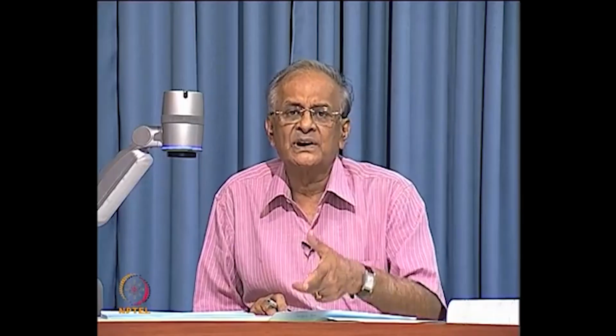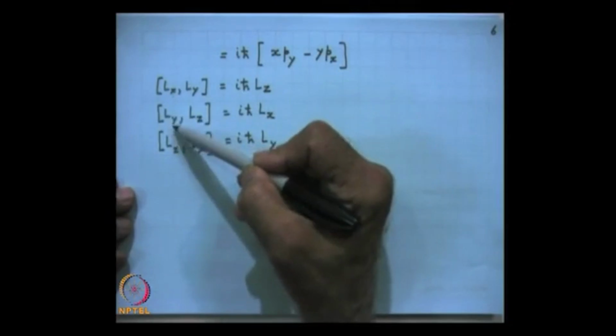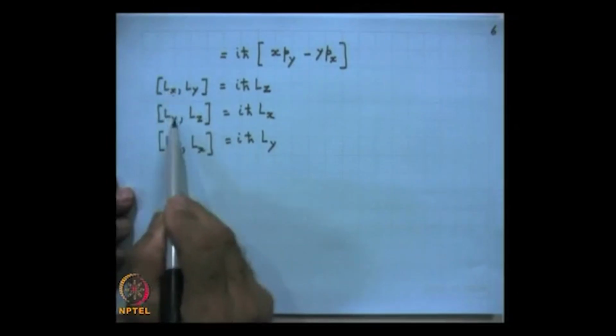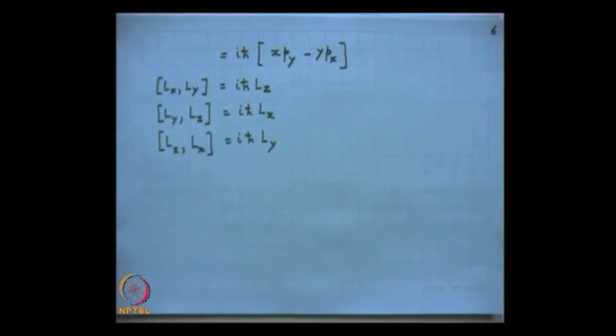We will not worry about how we got this commutation relation. We will start with this and build up the operator algebra to find the eigenvalues and eigenfunctions of the L square and the Lz operator. An easy way to remember is x, y, z, then y, z, x, then z, x, y, all in cyclic order. So, these are the three very important commutation relations.